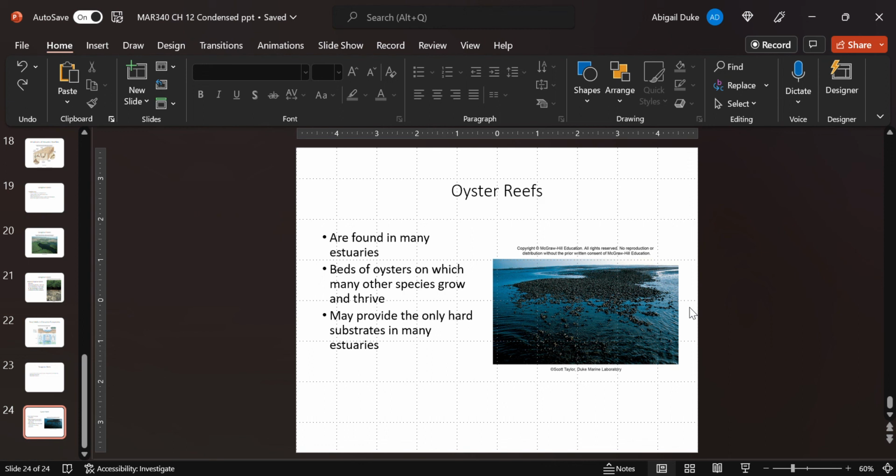They are found in many estuaries, beds of oysters on which many other species grow and thrive. They may provide the only hard substrates in many estuaries. So, yeah, cool. Oysters are, all right, I guess. But that looks like the end of it.